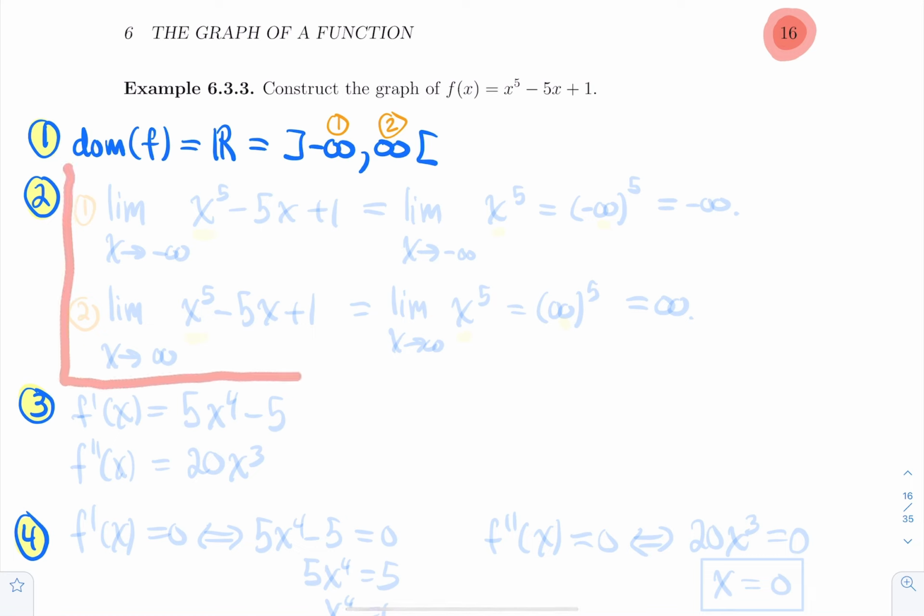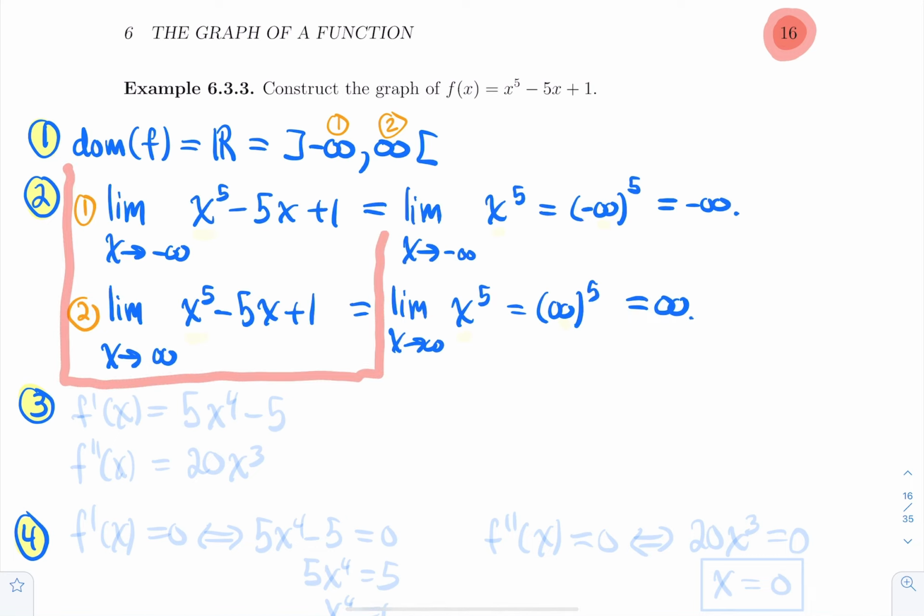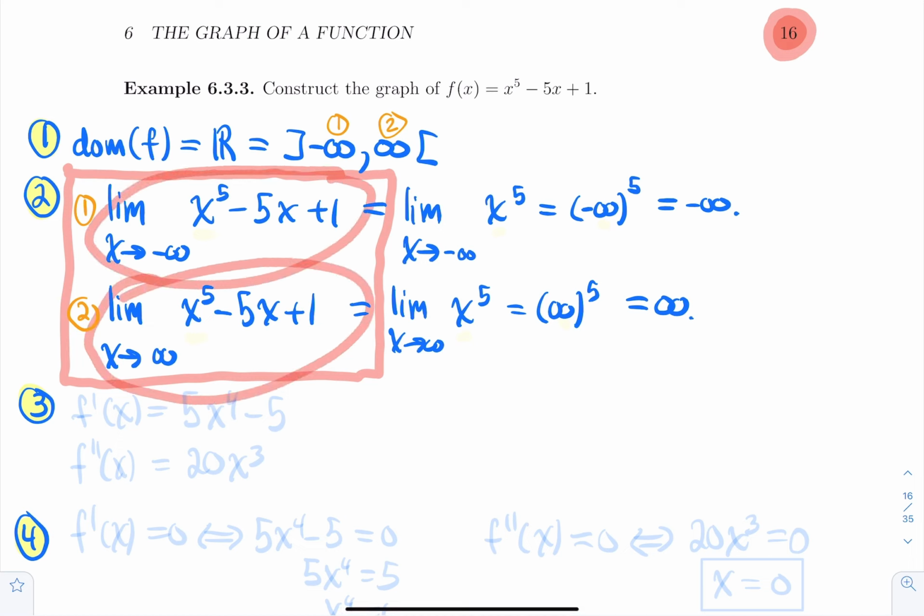So here we go. You are going to create the limit as x goes to minus infinity of x^5 minus 5x plus 1, and the limit as x goes to infinity of x^5 minus 5x plus 1. Remember, just defining the two limits linked to the open endpoints is the most important part of that step, just to define them.